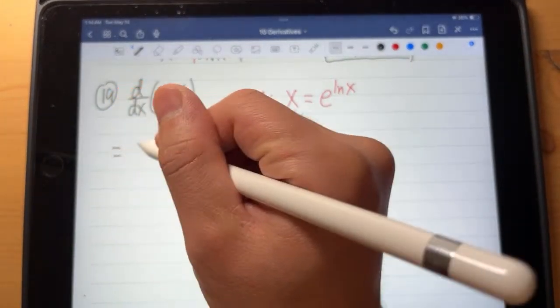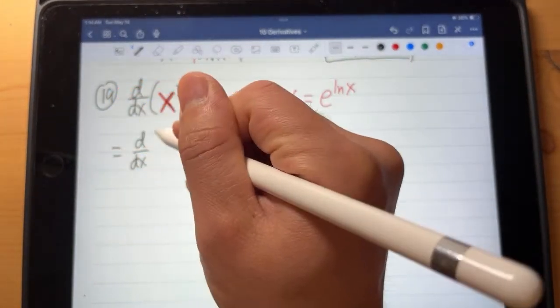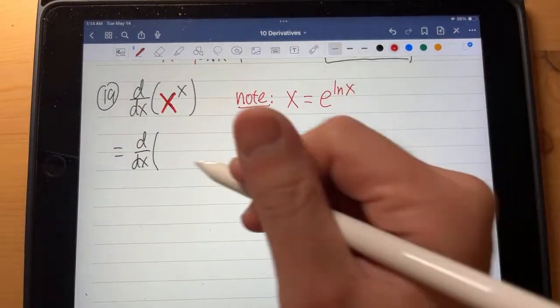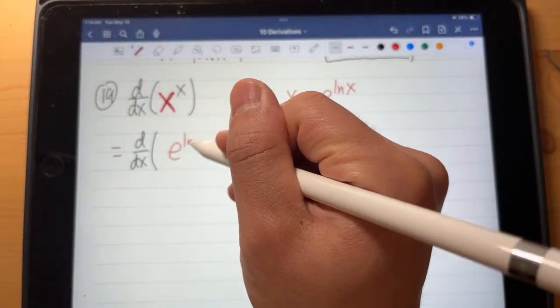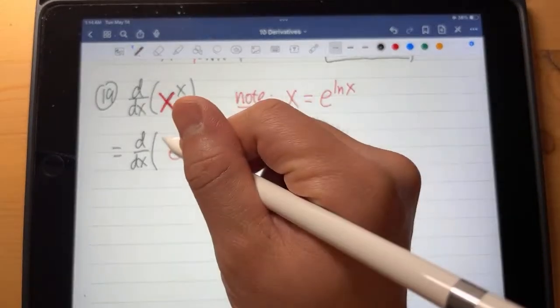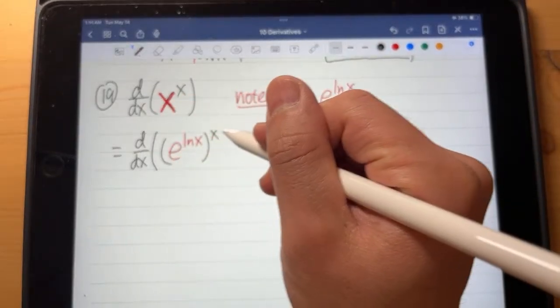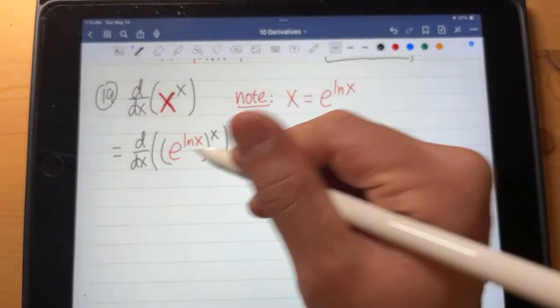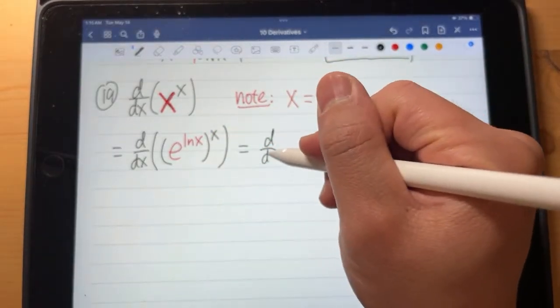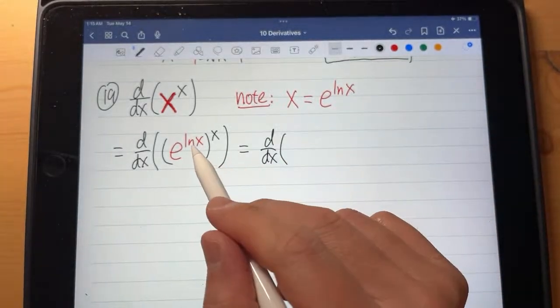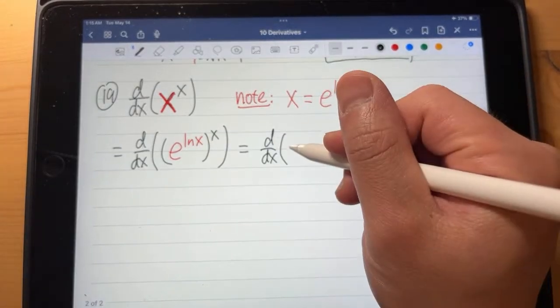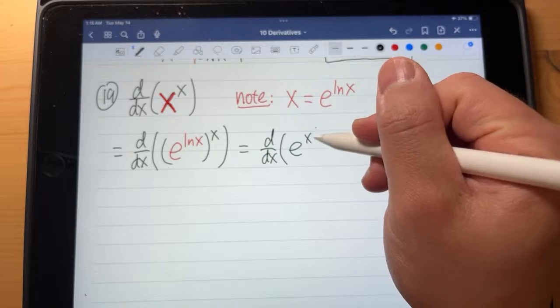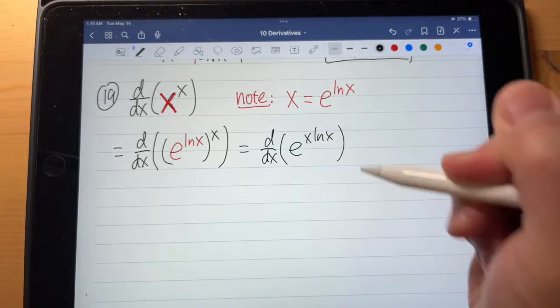So we are going to get the derivative of e to the ln x, and then raise that to the x power, which is multiplying the powers together, which is e to the x ln x power.